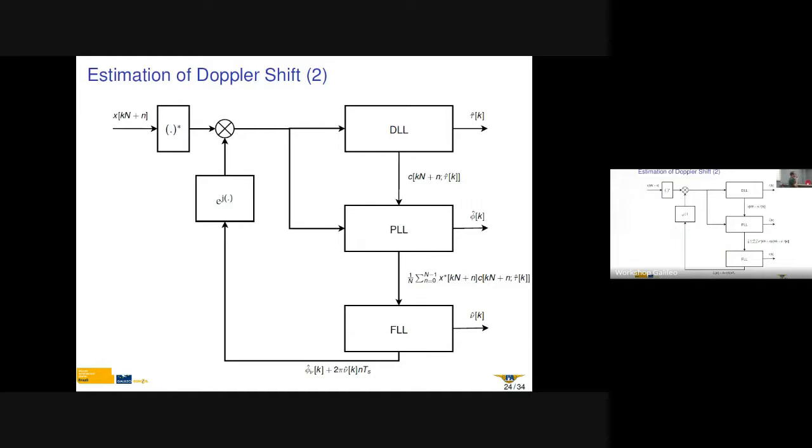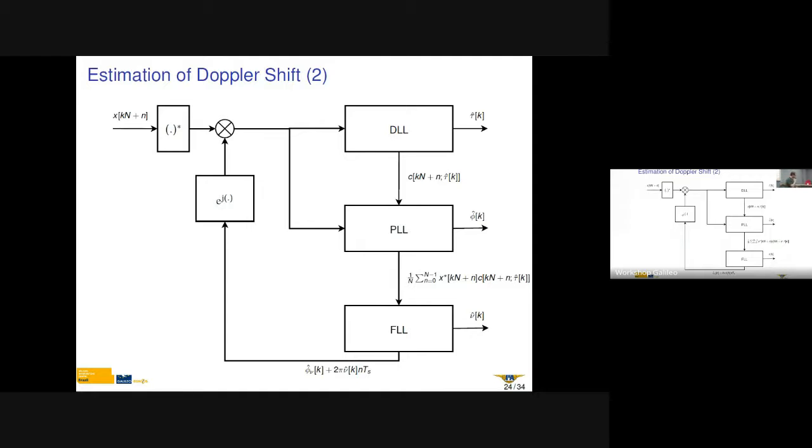Yeah, and then we will feed that back to an exponential function, and this exponential function for each time instant n will correct this Doppler frequency, including the phase from the received conjugate signal, and this corrected Doppler signal will enter now the DLL, PLL, and FLL again.